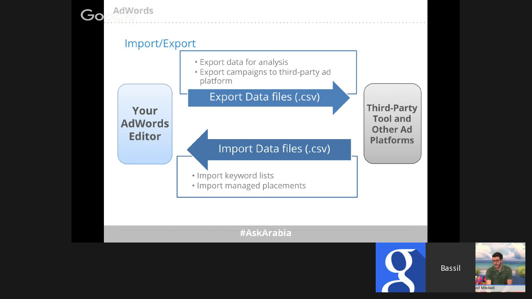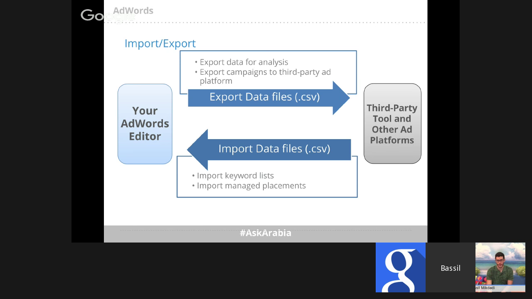The best example I can think of for this particular situation is if you want to maybe use one of the competition and run, let's say, search ads on Bing, for example, you can go ahead and take your data from AdWords Editor, take your keyword lists, take your campaigns, take all that format, and then upload that into that third-party tool. It will also give you the option to do that.